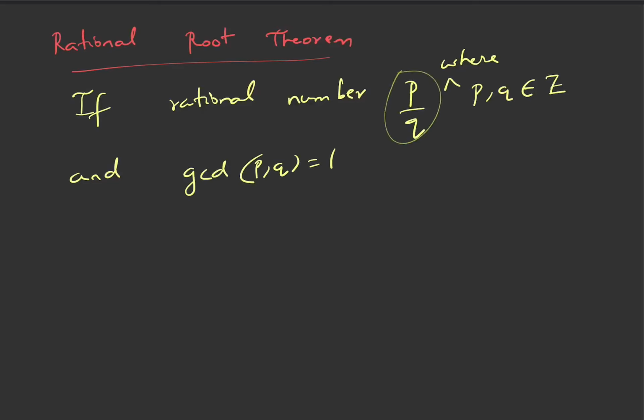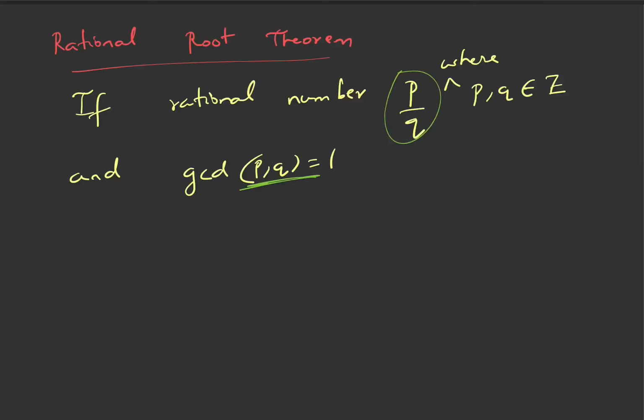So this is very important. So any rational number you can reduce it to p by q such that GCD of p comma q is 1. Suppose you have 4 by 18, then you can reduce it to 2 by 9, right, by cancelling. So GCD of 2 and 9 is 1, right, but initially GCD of 4 and 18 is not 1. So any rational number can be reduced such that GCD of numerator and denominator is 1.